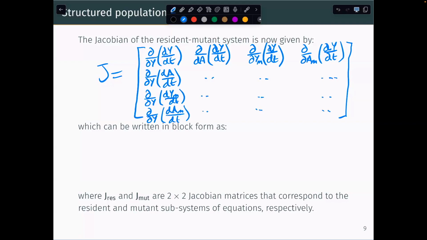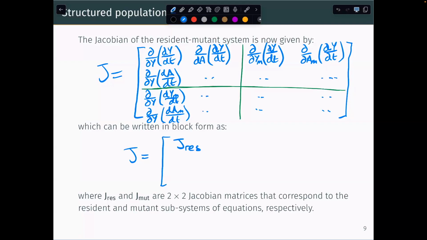The key thing to note now is that we can write this in block form. We can think about splitting this according to whether we are taking derivatives with respect to our mutants or with respect to our residents, and whether we're talking about our resident equations or our mutant equations. So we can write this in block form. I'll call it J res. This is our resident submatrix, our Jacobian that we had before. If we just have the resident by itself, this is what you get, a Jacobian of that 2x2 system.